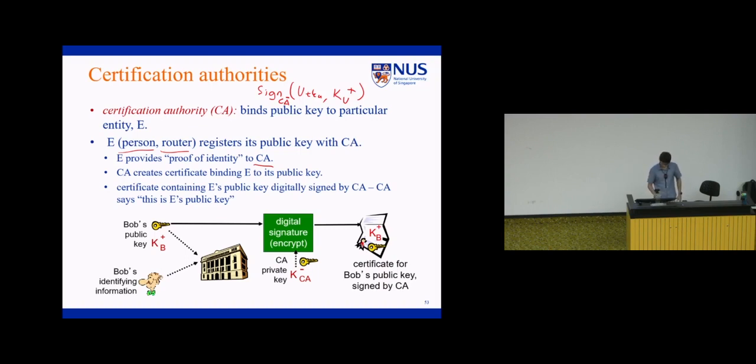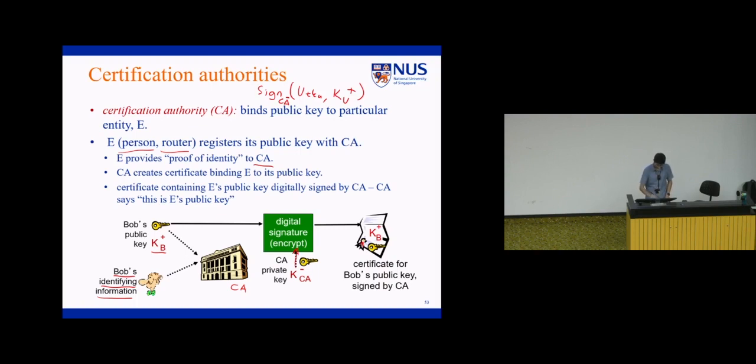So let's say this is Bob here, another example. Bob's identifying information. Bob also chooses a public key, sends that to the certificate authority, CA here, and the certificate authority signs that using its own private key.